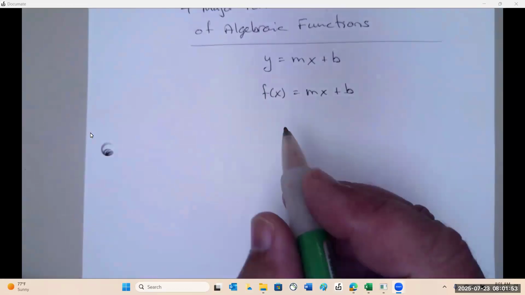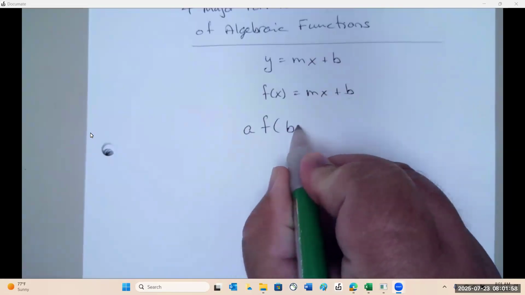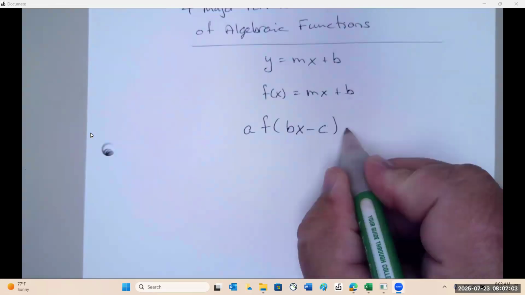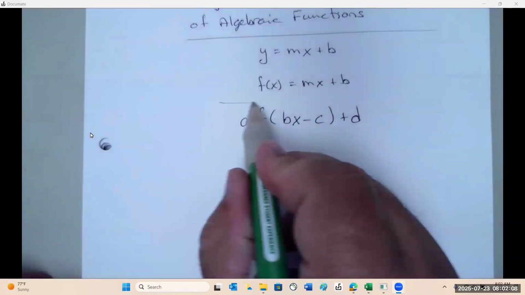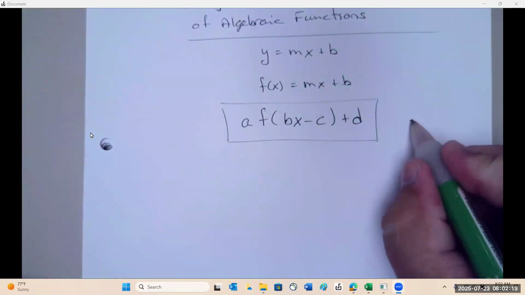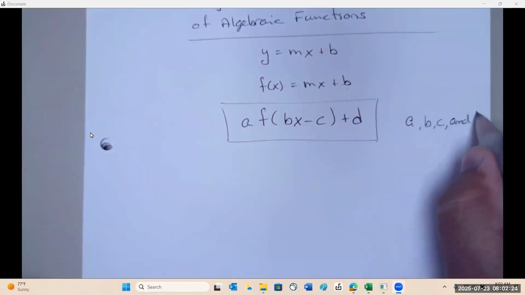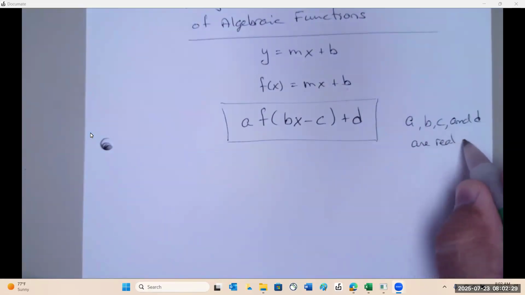This is what a function looks like. This is the function we're going to talk about, where A, B, C, and D are real numbers.